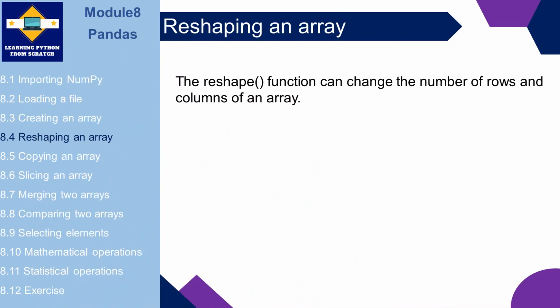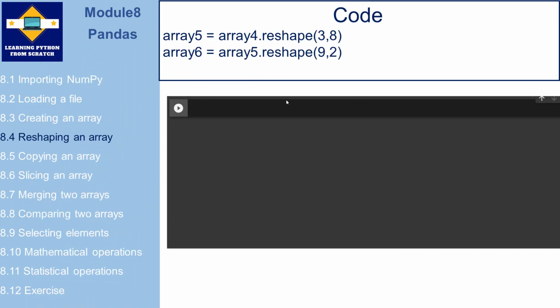The reshape function can change the number of rows and columns of an array. So here, array 5 equals array 4 dot reshape 3, 8. So we want to reshape to a 3 row and 8 column array.